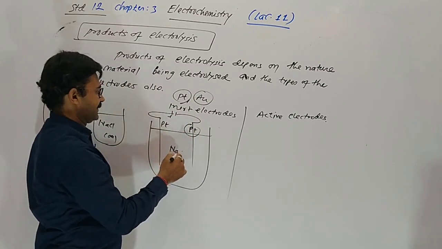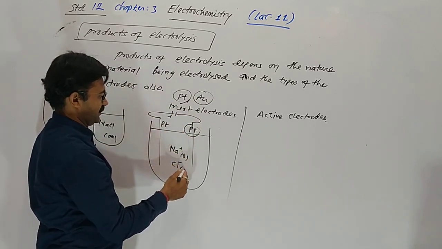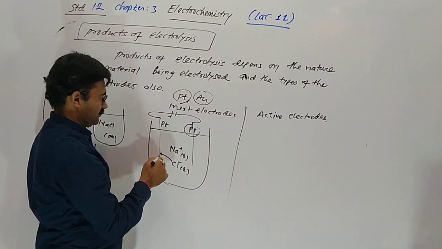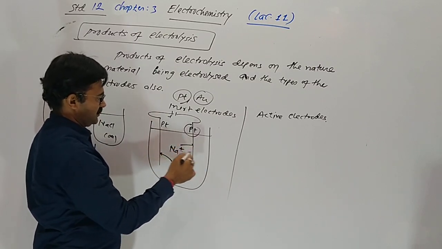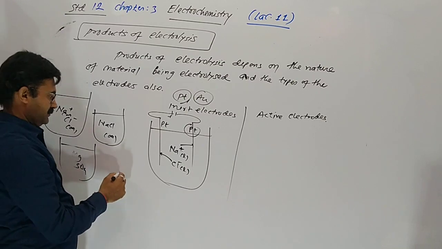When we take molten NaCl, the chloride ion moves toward the anode and Na+ moves toward the cathode.